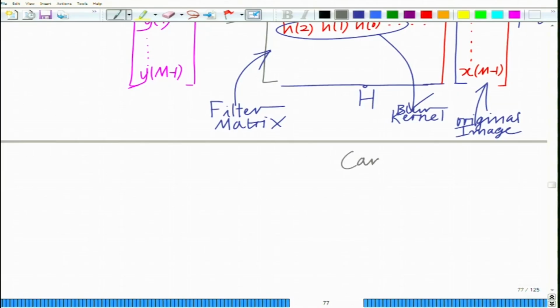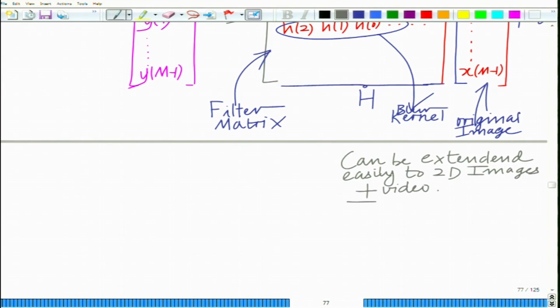I will just note here, this can be extended easily to 2D images plus video. And therefore, how to reconstruct the original image?